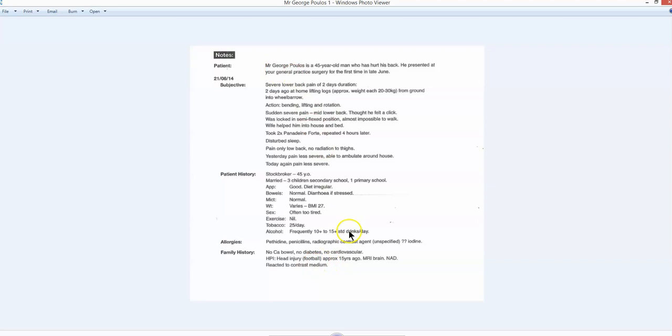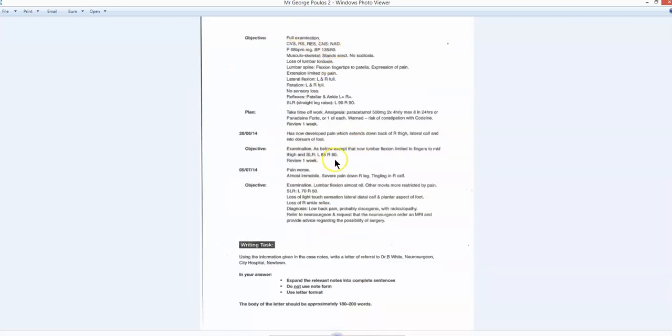Okay. So just, he came complaining of a bad back. You investigated, and what did you do? You prescribed he take time off work and gave him some paracetamol or Panadine. Okay, so that's pretty straightforward. Visit 1.